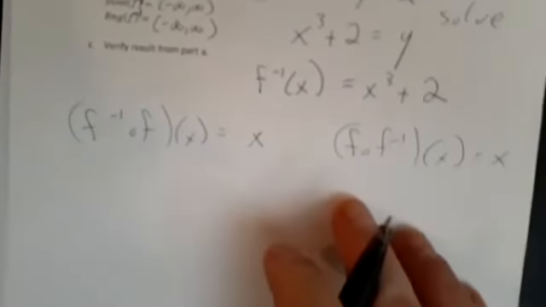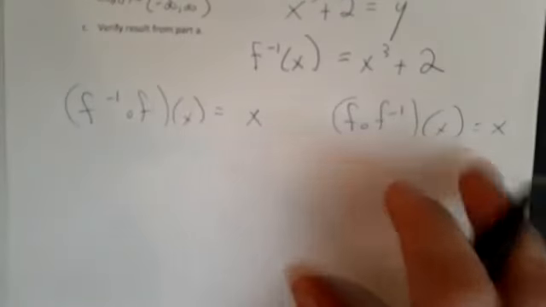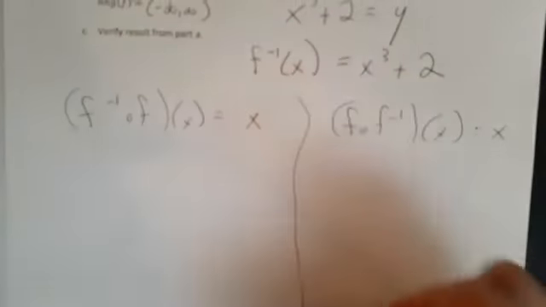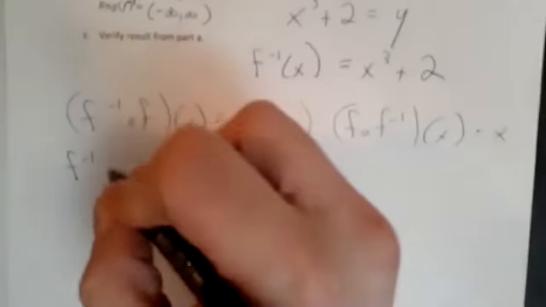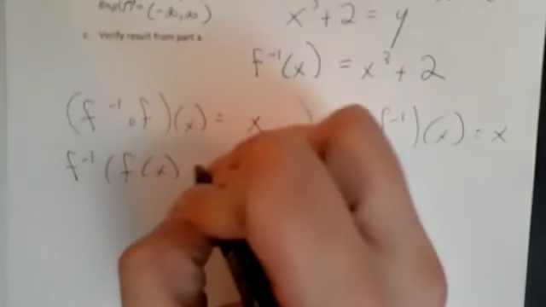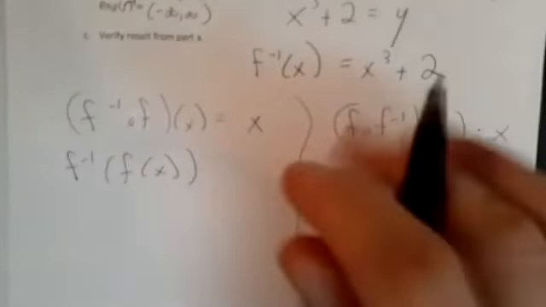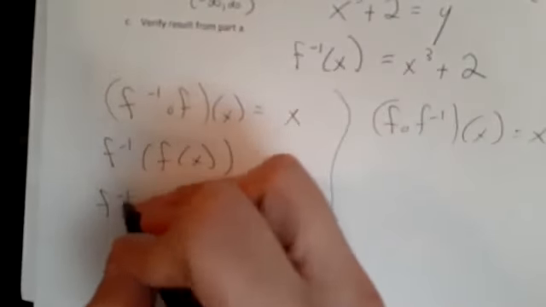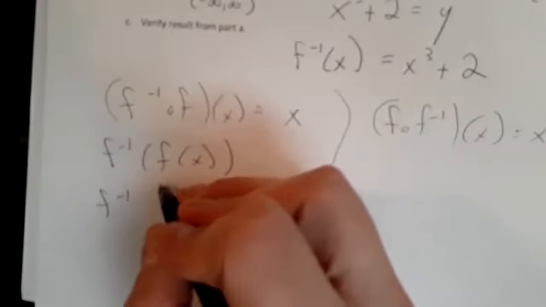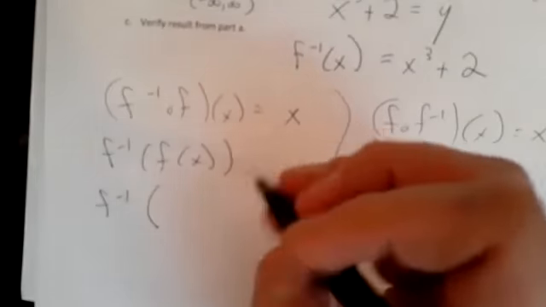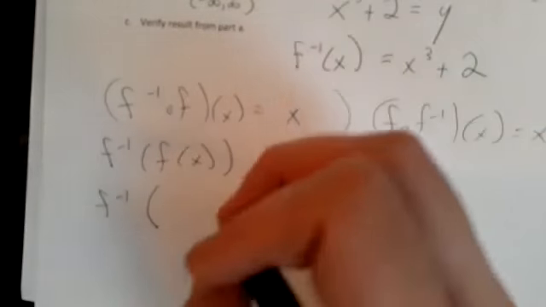We also want to verify that this is true. If I'm looking over here at the left first, I'm doing f inverse of f of x. And so I'm doing composition of functions like I was doing from the previous one. So my f function looks like the cube root of x minus 2.